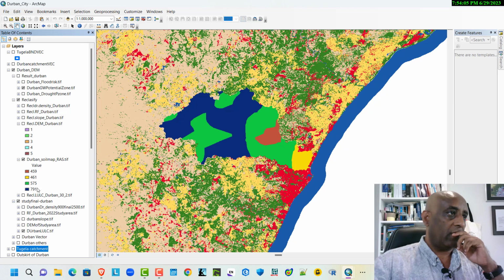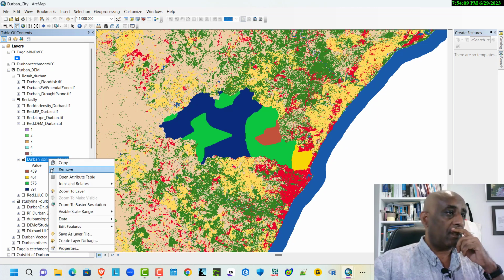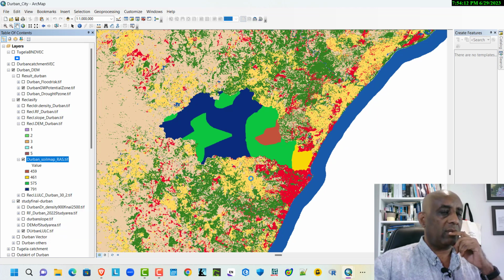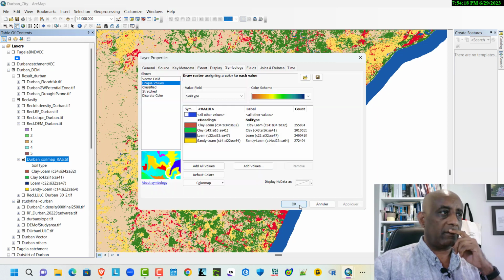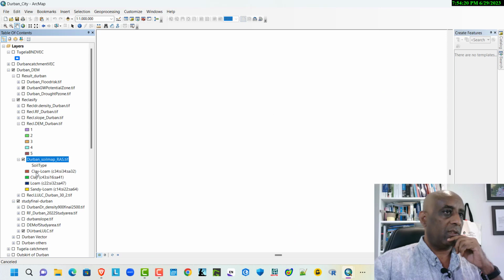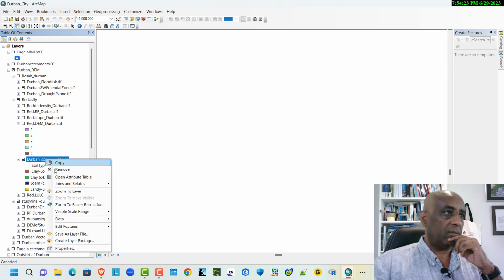We can see the level as well, the value instead of soil type.